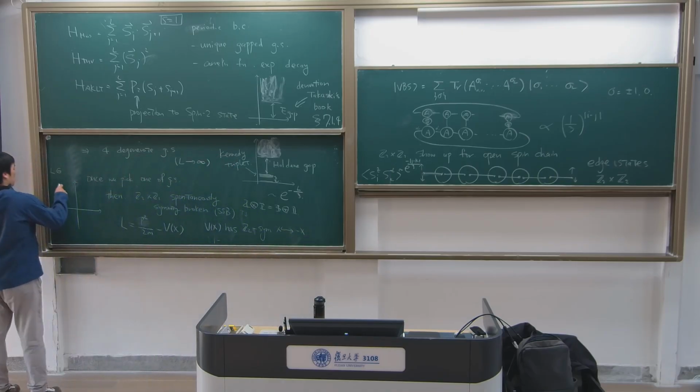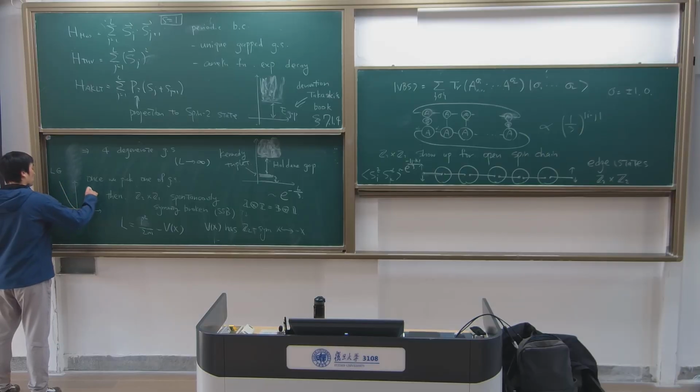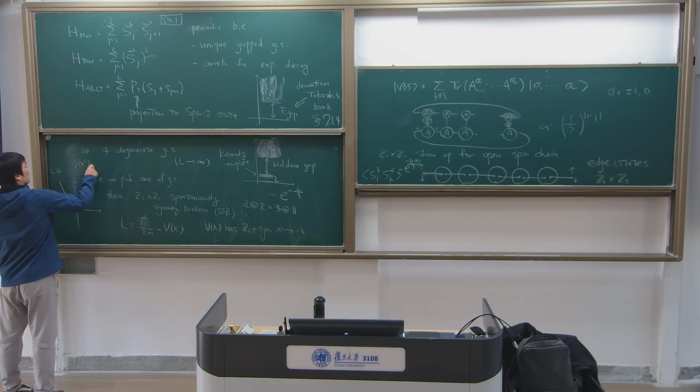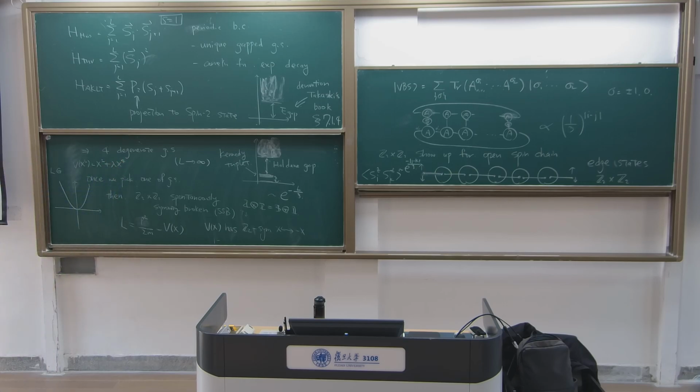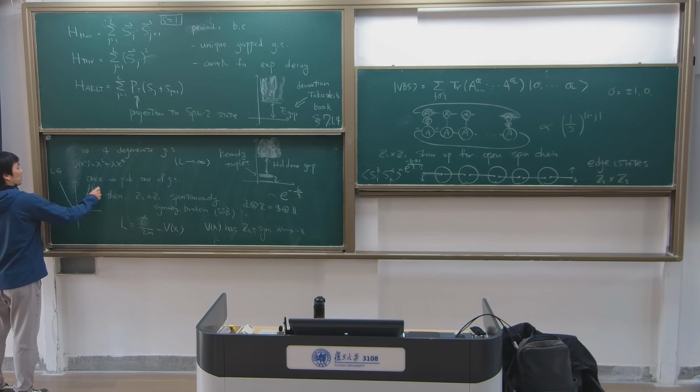So the potential can be like this, with a term mu x squared plus lambda x to the fourth. If mu is positive, it becomes like this.